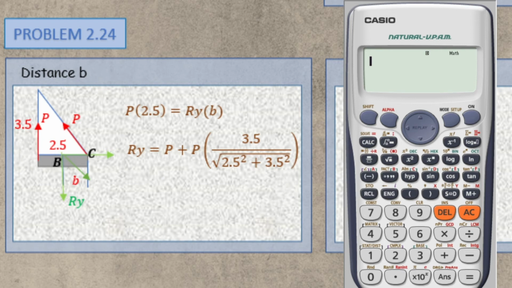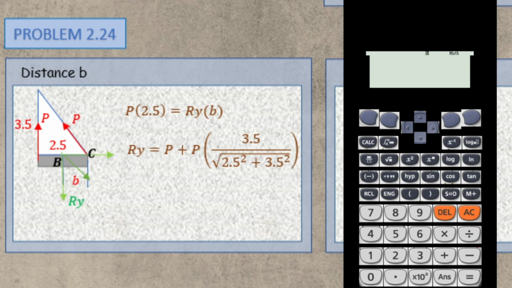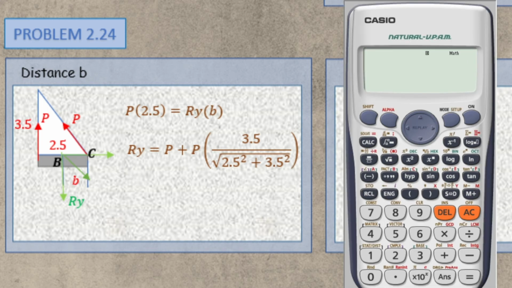From this, we can solve for the value of our P. So for our P, it will be 1 plus 3.5 over the square root of 2.5 squared plus 3.5 squared. So it will be 1.8137P.